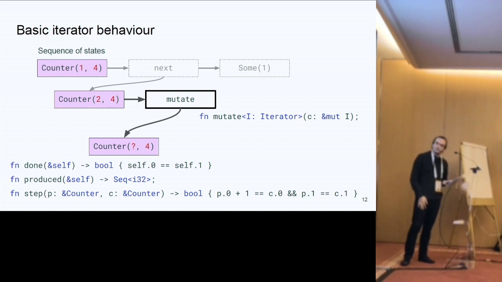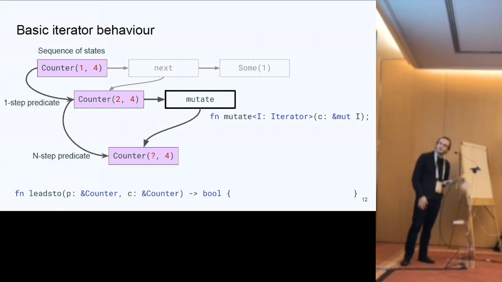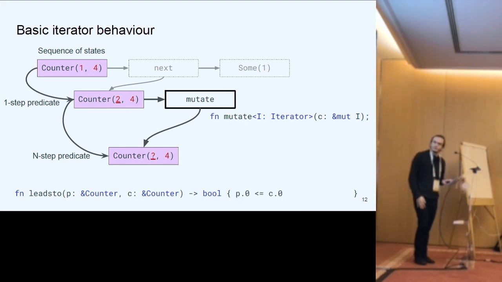For this, we want some kind of predicate which we call leads to, an n-step predicate that still holds after arbitrarily many calls to the next method. In this case, what we can find is that no matter what, the value of the counter after the call must have monotonically increased. It cannot have decreased.